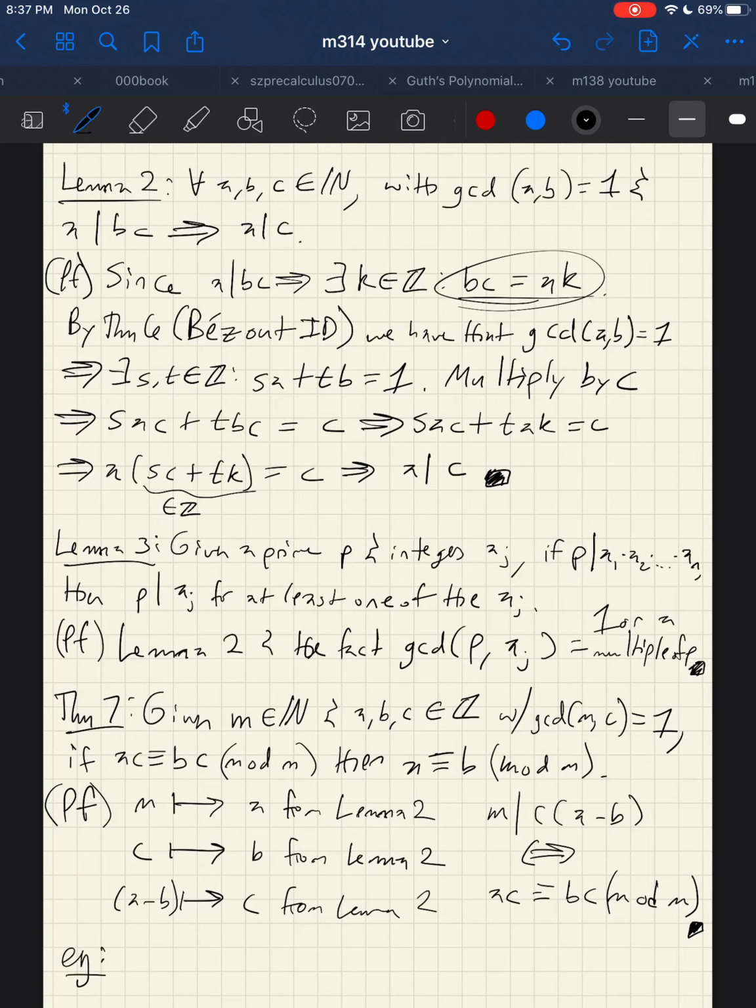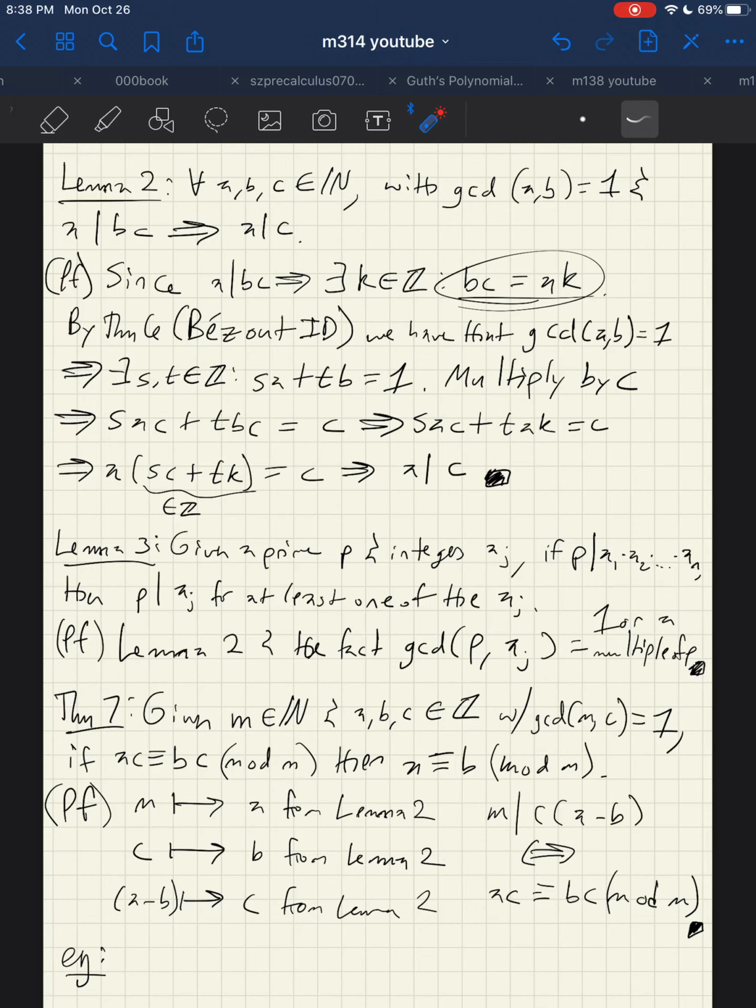Okay, the last thing I want to do is give you an example of when this doesn't work. I've proved this theorem, but I want to give you an example of when it doesn't work, because I've been leading up to this for a while. I've said this triple equals is a lot like an equal sign. So if I have AC equals BC, then I can divide both sides by C and I get A equals B, right?